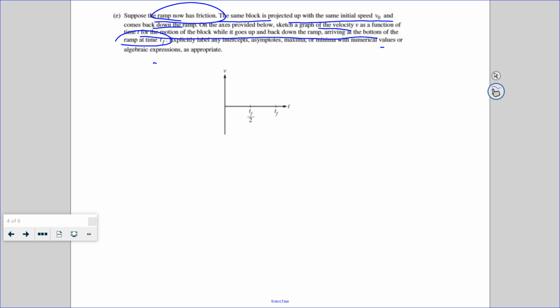Okay. Let's see. What you need to know: friction opposes motion. So acceleration on the way up, I made a mu for some reason. Acceleration on the way up the ramp is now going to be greater than g sine theta. Or actually less than negative, right? It's the enhanced acceleration.